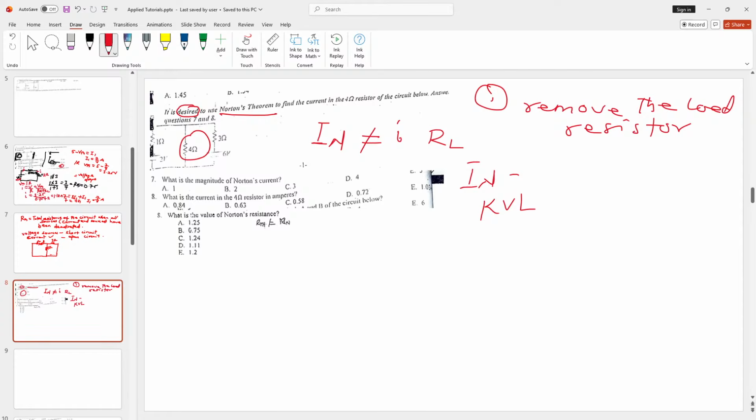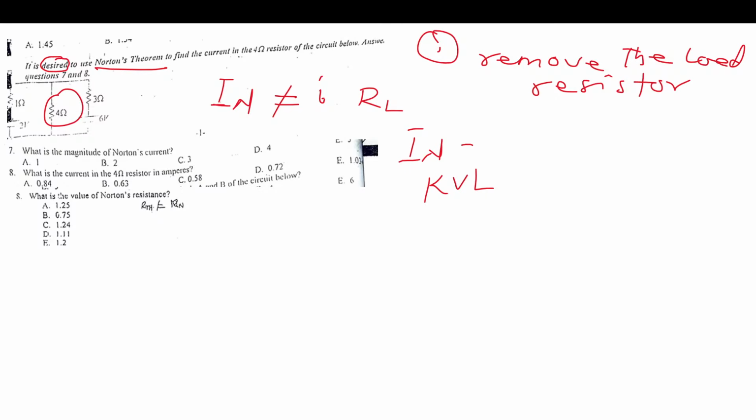Alright, so let's start practically. So this is our circuit here. Let me make it big. This is our circuit. So the first step is saying we should remove the load resistor. Now 4 ohm is our load resistor once again because it is the resistor in question. We are trying to find the current that is flowing through that one.